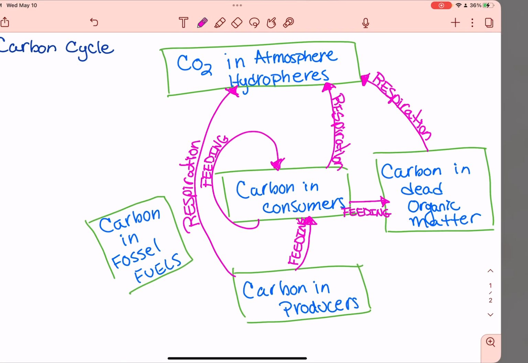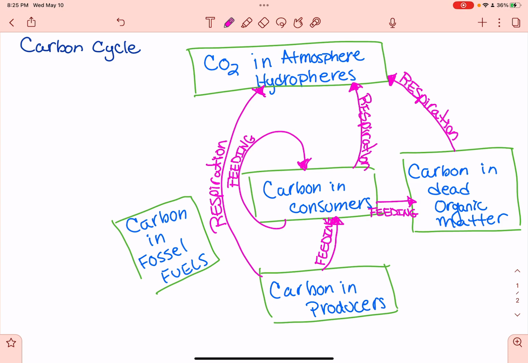In addition, consumers defecate. They have excrement that is broken down by our detritivores and our saprotrophs, and that process is called excretion. Then we also have the combustion or the burning of our producers.